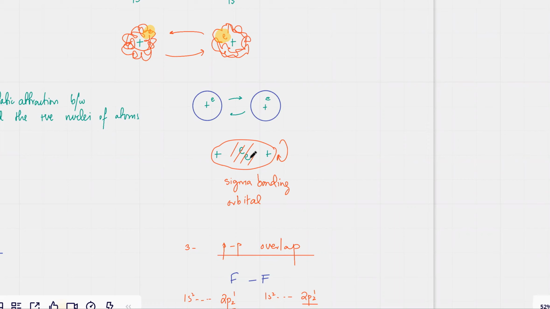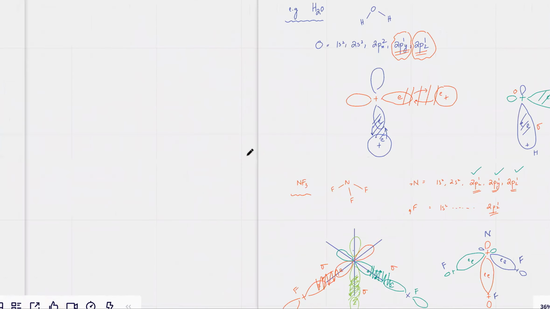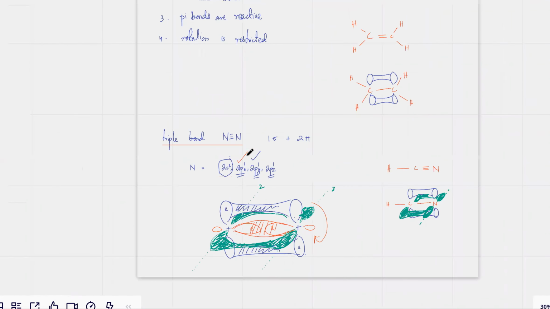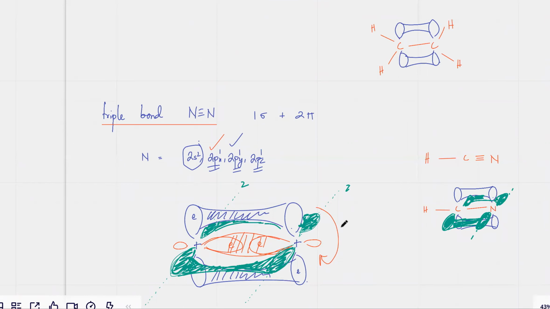But when there's a pi bond formed, the rotation stops because the two atoms are now completely locked together. All the orbitals are overlapping. If this side starts to rotate, the pi bond over here would have to break. It can't rotate independently. That's not possible anymore.